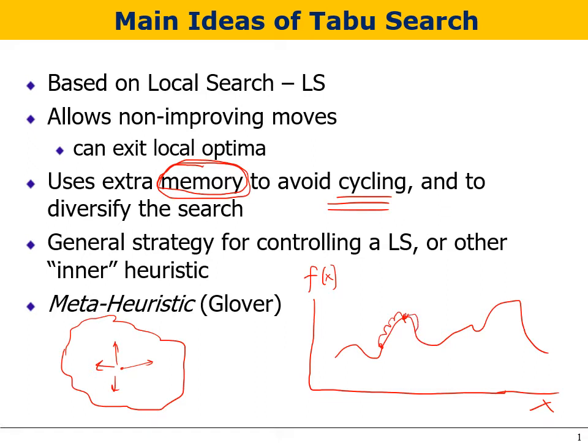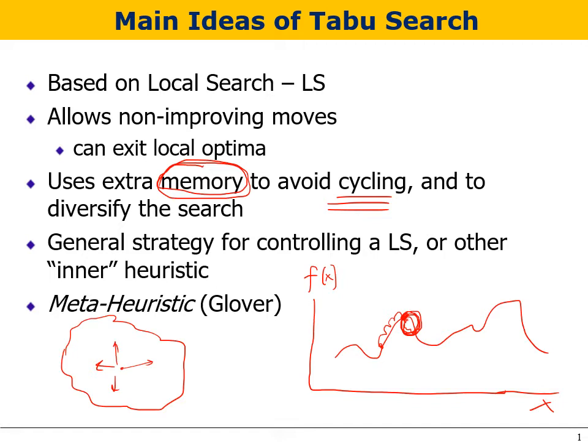So you make one step to this solution, and at that point there are improving new solutions. And if you go in that improving direction, you will come to this point again, and cycling through the set of same solutions all the time is called cycling. And in order to avoid cycling, Tabu search uses memory. We will talk about it later on.